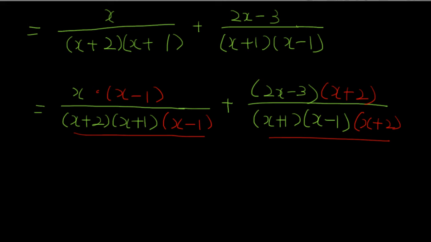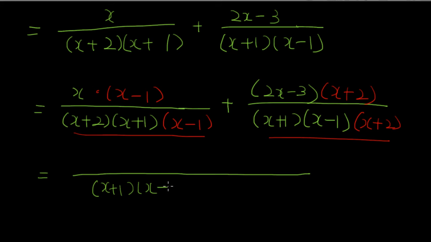Well, now that we have the common denominator, we can combine, right? So let me write x plus 1, x minus 1, and x plus 2. And this I'm going to write here, but I'm going to expand it. I'm going to skip one step. So it'll be x squared minus x. That will come from this. Right?